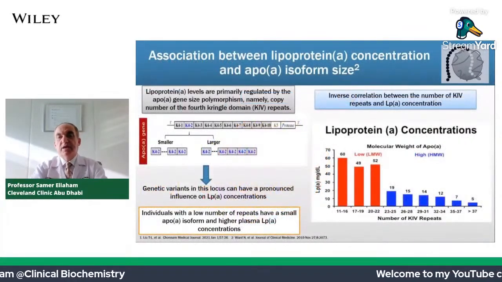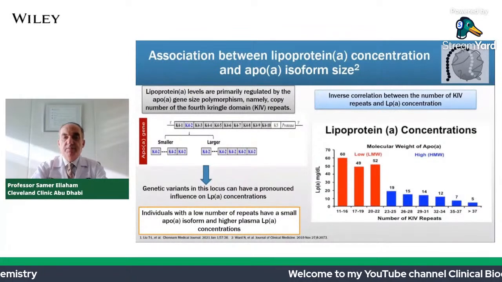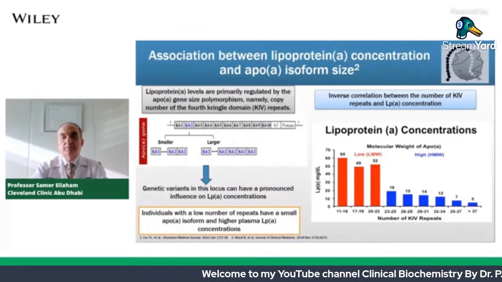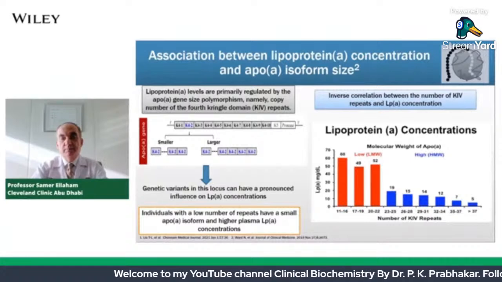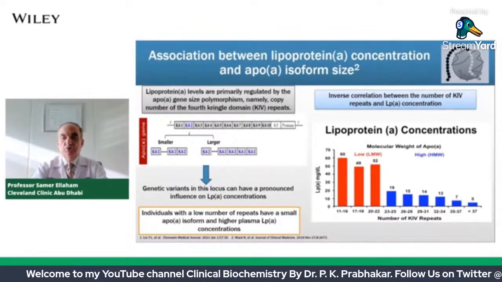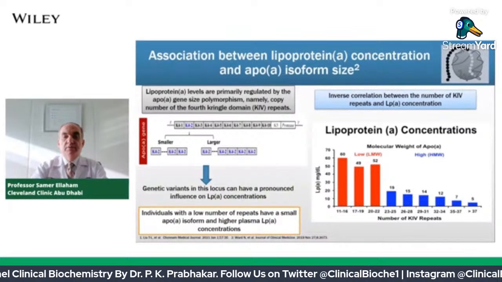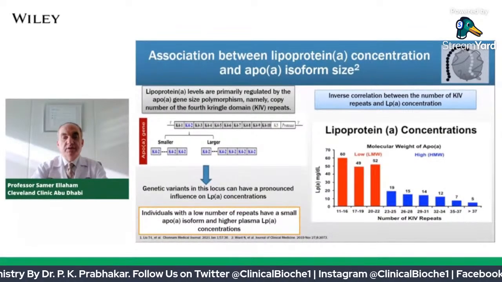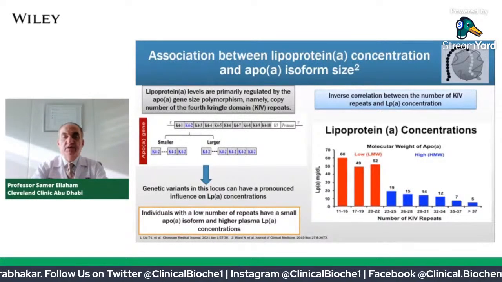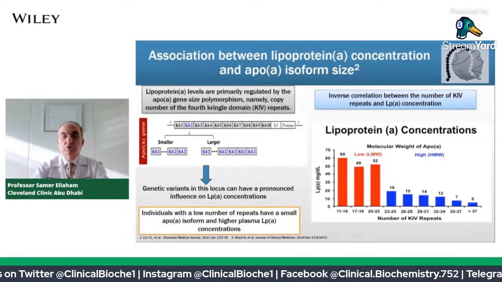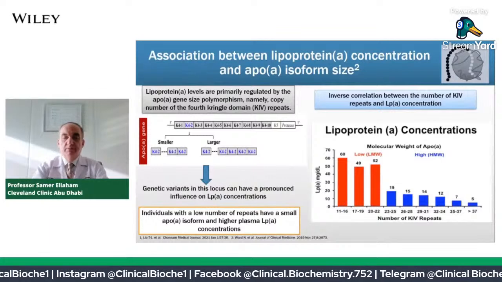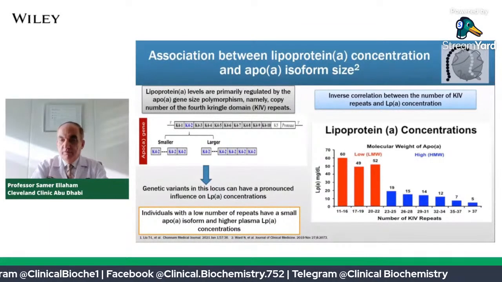To dig a little bit, and I have limited time, so I'll be brief, Lp little a levels are primarily regulated by the ApoA gene, which I just showed you, the ApoA or Apo little a polymorphism, namely the copy number of the kringle domain, especially the fourth kringle domain. If there's anything you remember about the slide, just remember the fourth one.